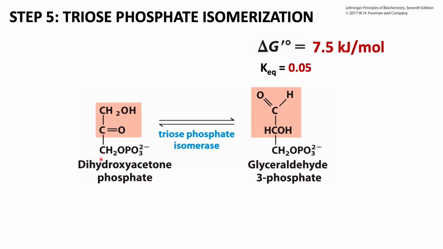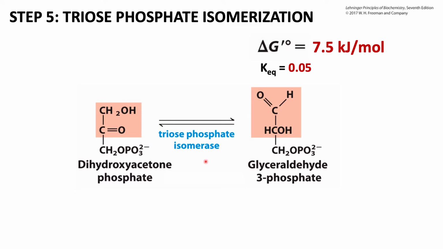Triose because 3 carbons, phosphate because we have a phosphate, and isomerase because, remember, these 2 molecules are isomers of one another. They have the same chemical formula but different chemical structure. This step is a little endergonic and it has a small KEQ, not too small, so the reactants are a little bit more favored.